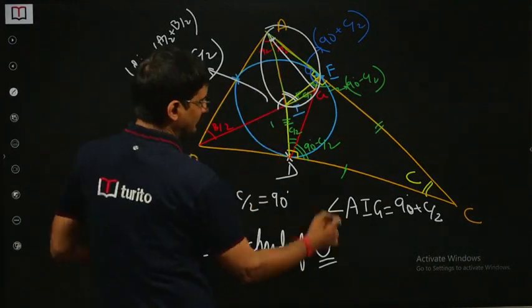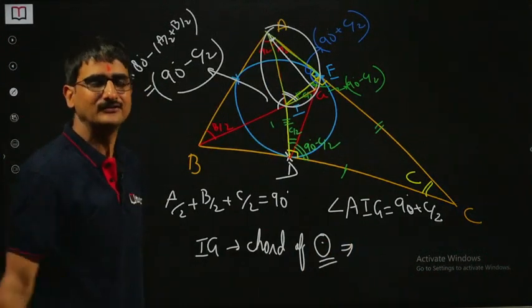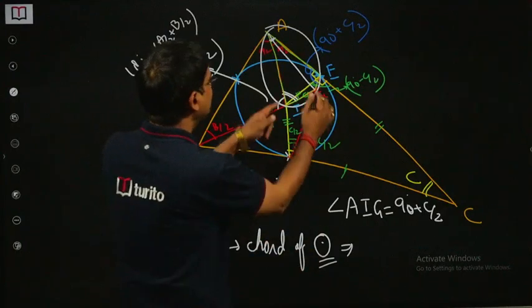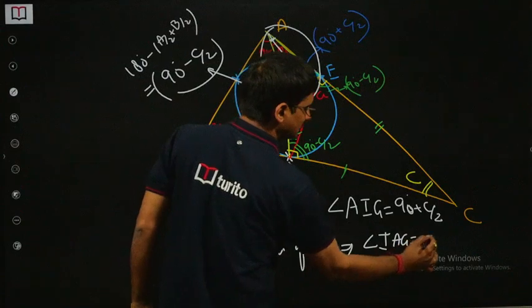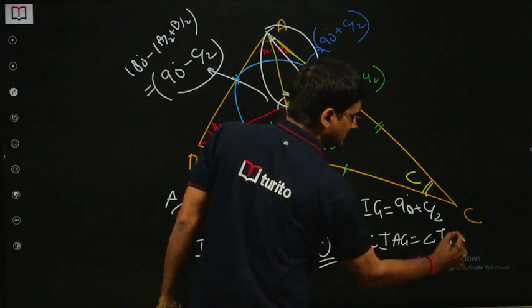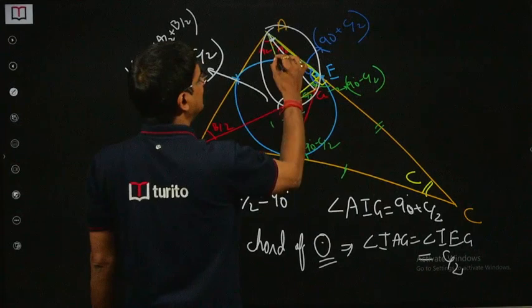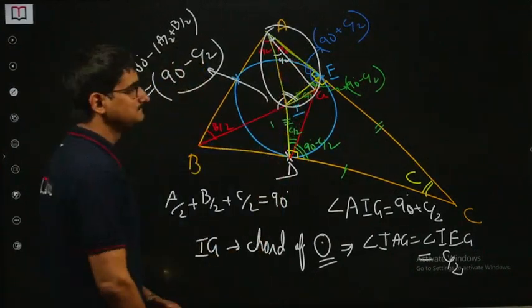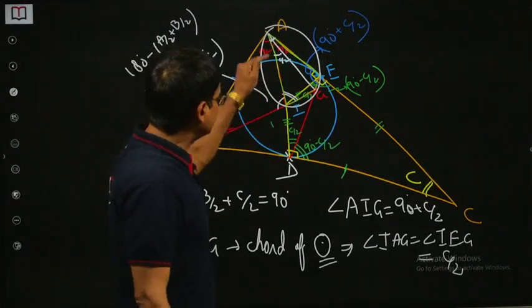IG is the chord. So we know the theorem: chords subtend the same angle on the same arc of the circle. So IG is subtending angle IAG, and at E it subtends IEG. Therefore angle IAG is equal to angle IEG, and this is nothing but C by 2. So this angle is C by 2.